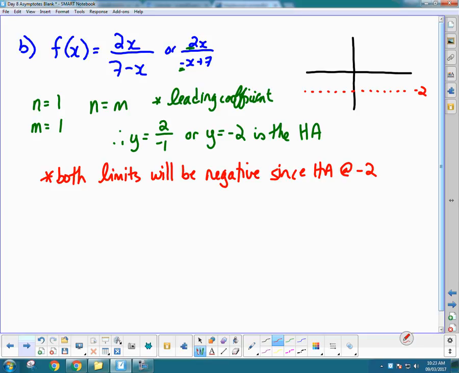So we need something else to be able to tell if it's above or below. We need help. And that help is going to come in something called the Directrix.